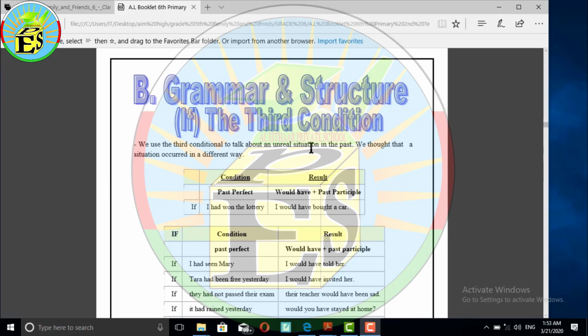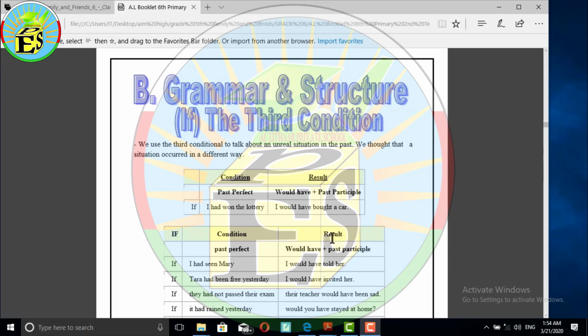Look at these sentences. The order of the sentence: you have to put if at the beginning. Condition follows if. Result is the second part. We have to put the past perfect in the condition, which consists of had plus past participle, like had won.